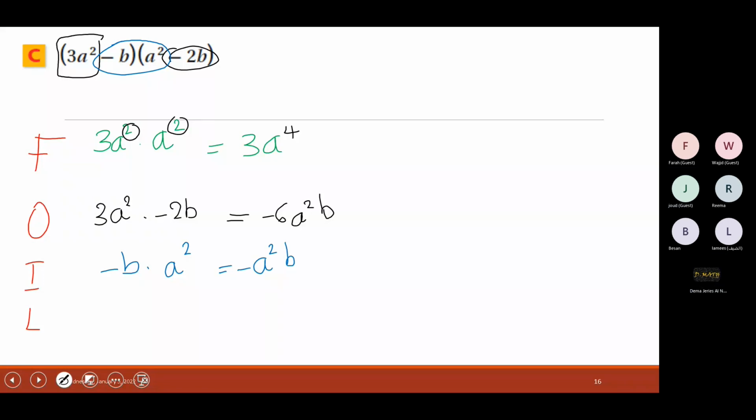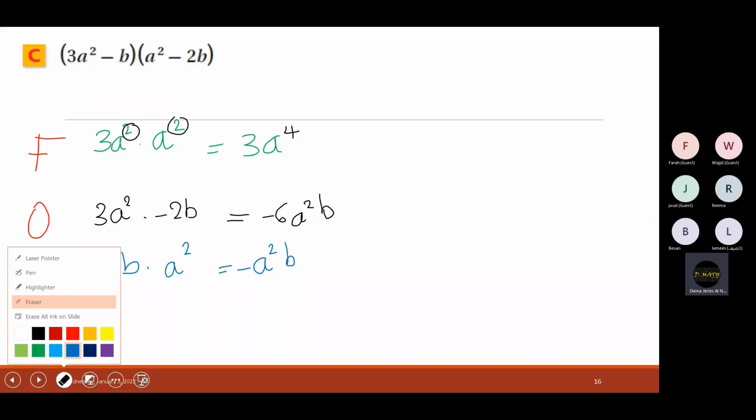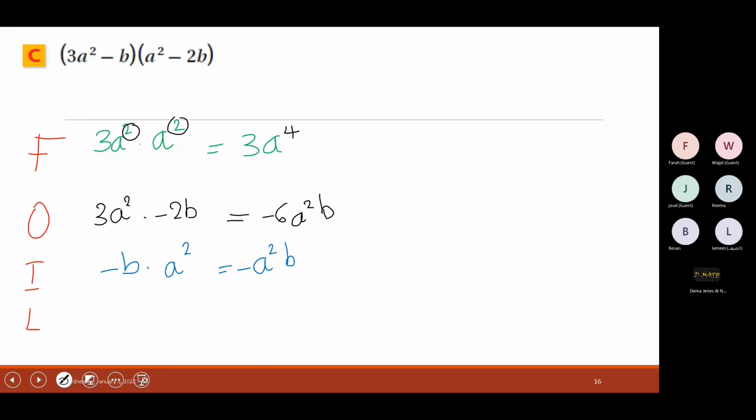Lamis? Yes, teacher. Yes, Lamis. Now, after your friends multiply the first, the outer, the inner, I want you now to tell me where are the last terms? Negative b and negative 2b. Bravo. Now, negative 1 times negative 2.